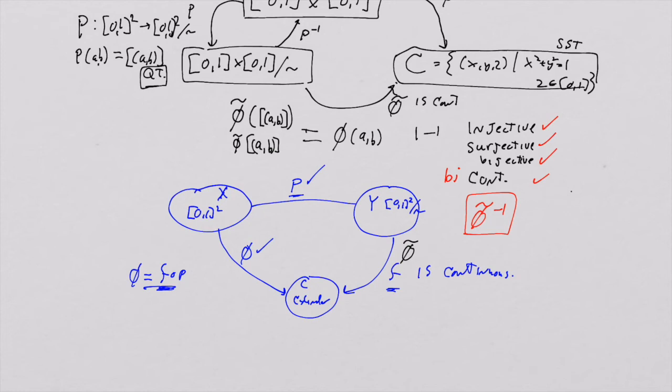And so we have to prove that the inverse of this function, which is phi itself, takes open sets from here and gives you open sets from there. Because that's the inverse of the inverse. So we have to make sure it's bicontinuous. So we could try to prove that this is continuous this way, and it's continuous in the other way too. And then we would prove that these two are homeomorphic.